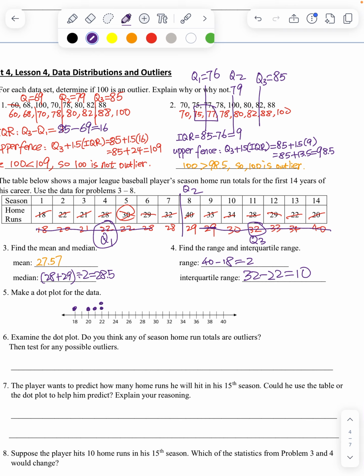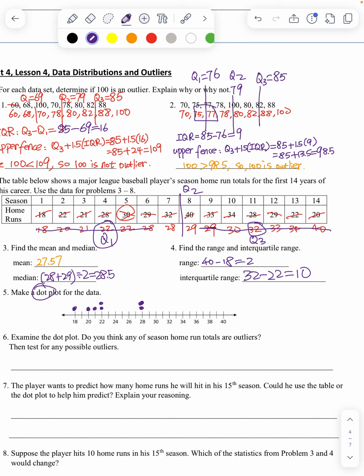Okay, next one, 28. We have two 28s, so it's going to be 28 like this. Some tables, some books, ask you to draw a cross, like a check mark. But at the dot plot, we just put a dot.